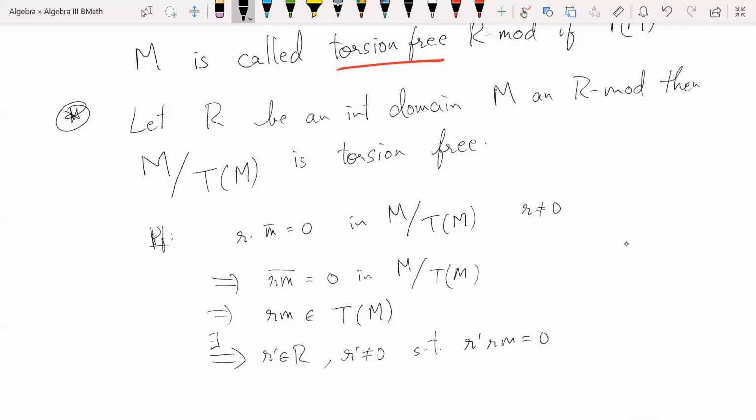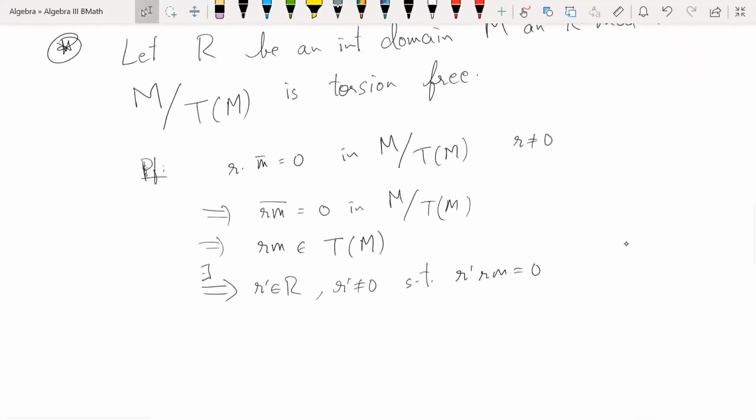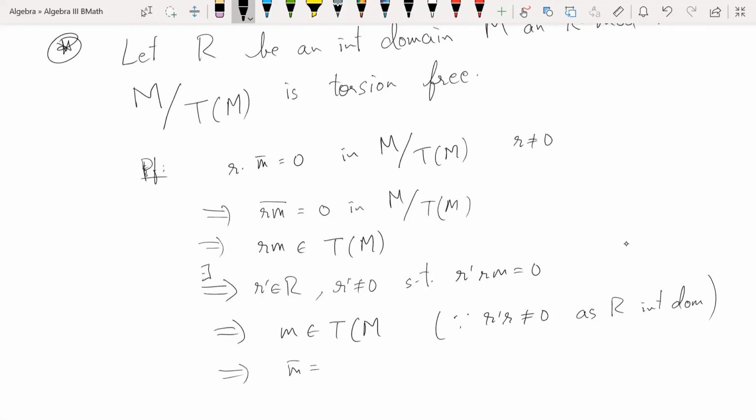This is what the definition of torsion elements means. So this implies m must be in Tm, since r prime times r is not equal to 0, as R is an integral domain. The product of two non-zero elements is non-zero, which implies m bar is 0.